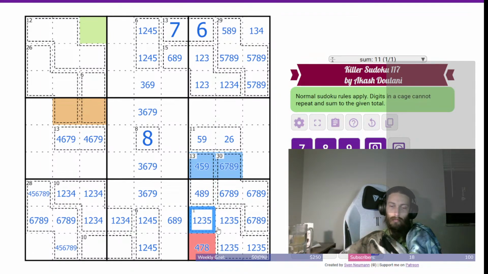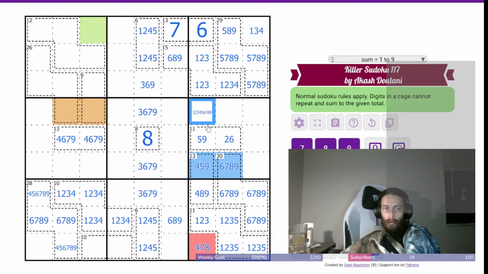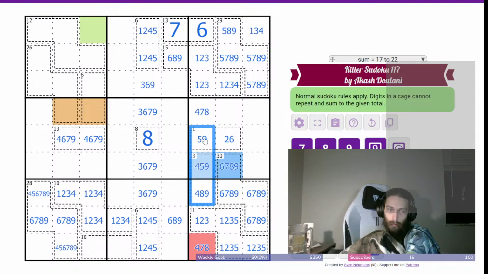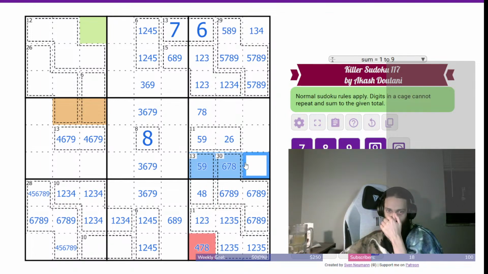So go down 1. That's not a 5. 1, 2, 3 triple. 6, 1, 2, 3, 5, and 9? Yeah. Because this is either 4, 9, which uses the 9, or 5, 8, which uses the 5. But this can't be a 4 because 4 has to be one of those two. So that's just simply a 5, 9. It's simpler.